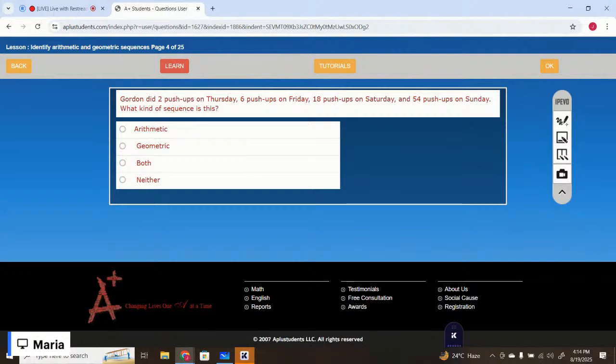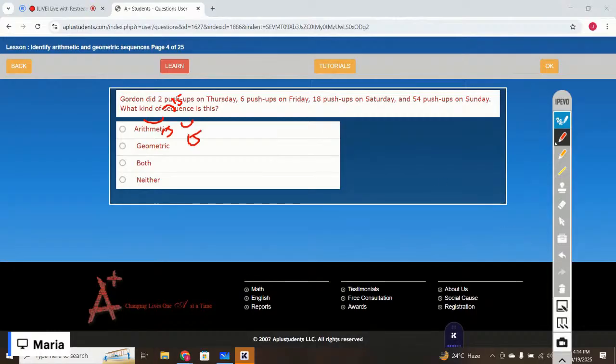Jordan did 2 push-ups on Thursday, 6 push-ups on Friday, 18 push-ups on Saturday, and 54 push-ups on Sunday. What kind of sequence is this? 2 times 3 is 6. 6 times 3 is 18. 18 times 3 is 54.